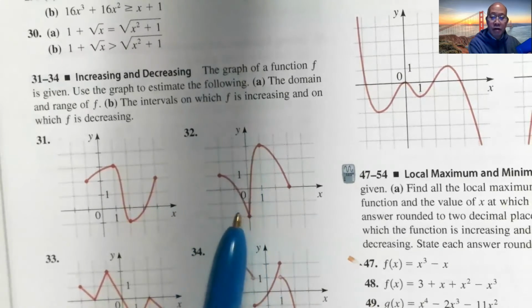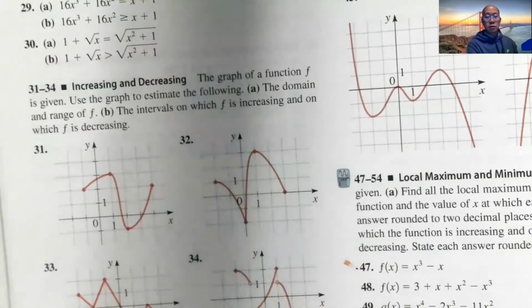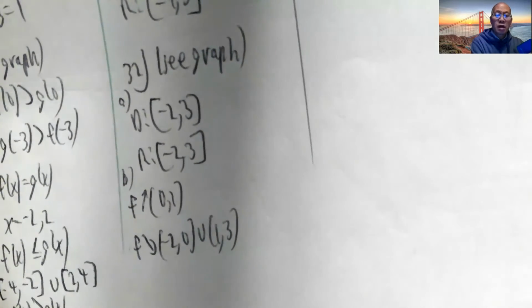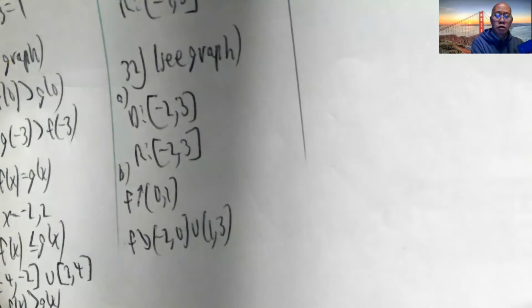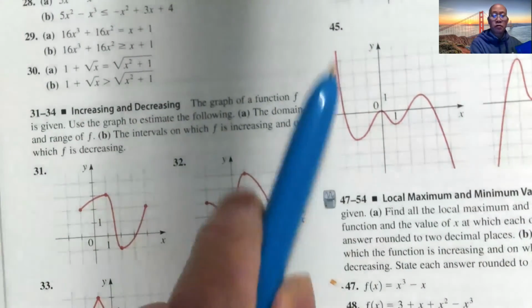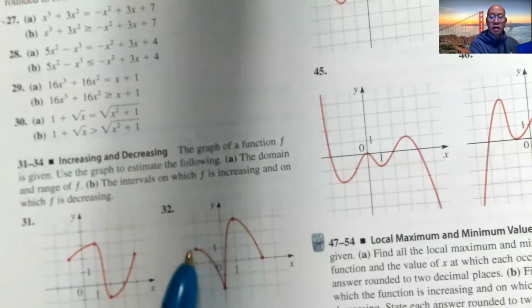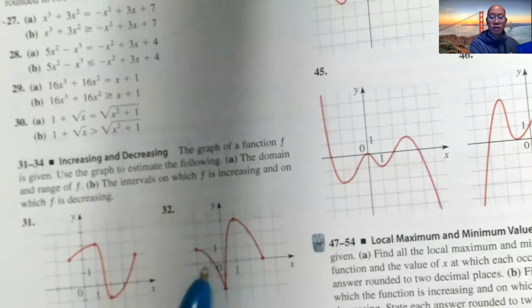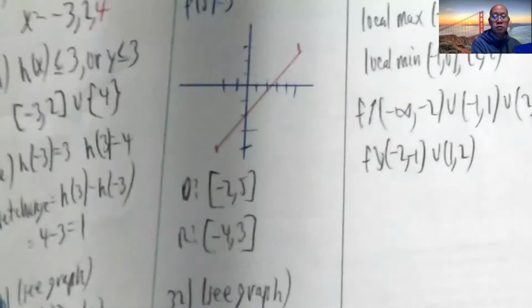The range up and down is also -2, 3 bracket. 32. While I'm at it, for B, ask when's the function increasing: from 0 to 1, decreasing from -2 to 0, union 1 to 3. And so when is it increasing? Only when x is between 0 and 1, decreasing the rest of the time. So -2 to 0, union 1, 3. They're all open intervals.